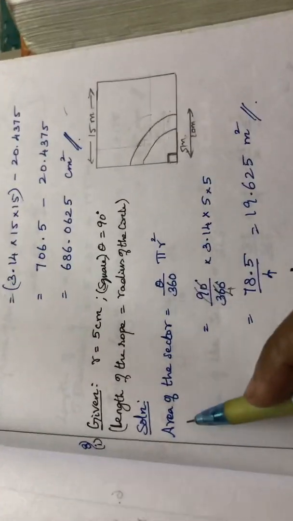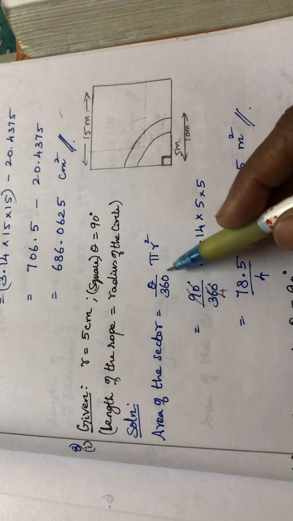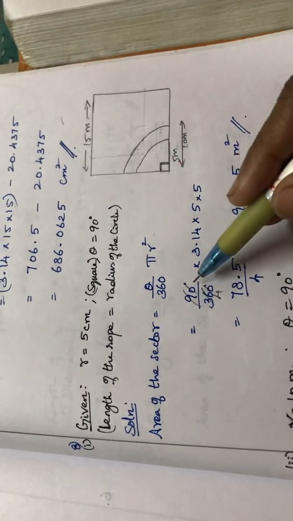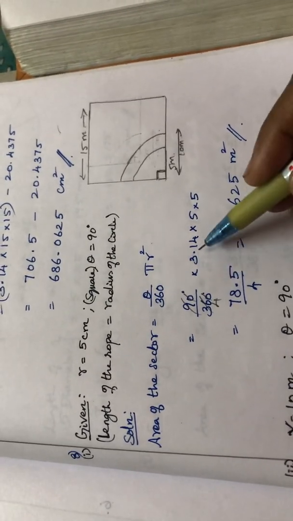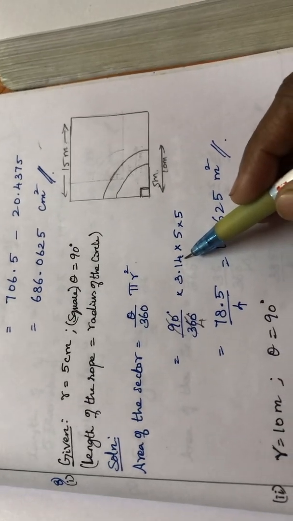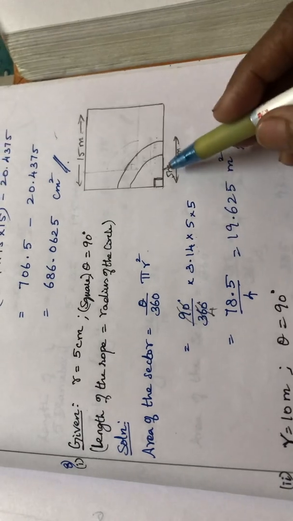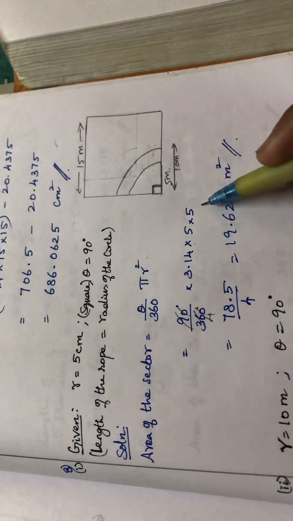So, first subdivision solution. Area of the sector is equal to theta by 360 into pi r square. In this case, theta is 90. So, 90 by 360 into pi value 3.14. It is given in the question, use pi as 3.14. So I am writing 3.14 into radius for this first one, given radius r is 5, so 5 into 5.